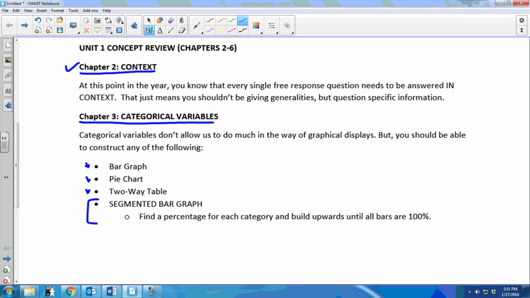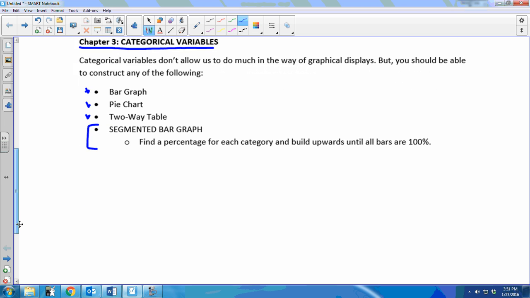Okay, so a segmented bar graph is where you found a percentage for each category and built upwards until all the bars were 100%. So let's say we're talking about college major and then college class, like as in freshman, sophomore, junior, senior. Maybe I want to know freshman, sophomore, junior, senior, and I don't know the distribution of each of these. I don't know their majors.